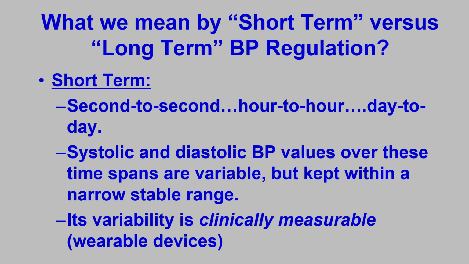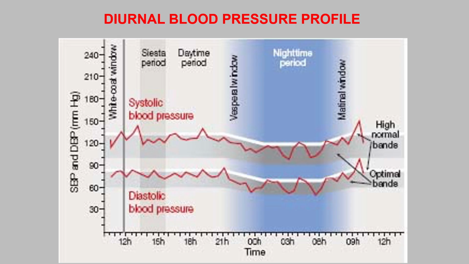And this type of variability can be measured clinically by wearable devices, whether they are a 24-hour blood pressure monitor or what we call a phenometer, which would actually measure blood pressure variability from beat to beat. But the most commonly used way of looking at the variability in blood pressure throughout the day is 24-hour blood pressure measurement, where the patient will wear a device that will measure the blood pressure throughout the day.